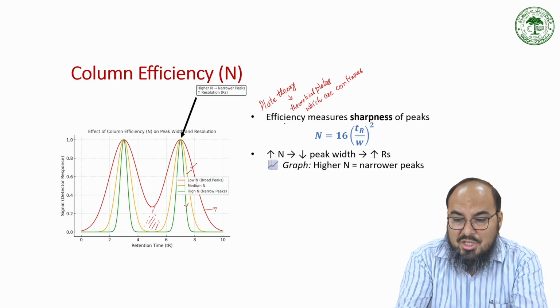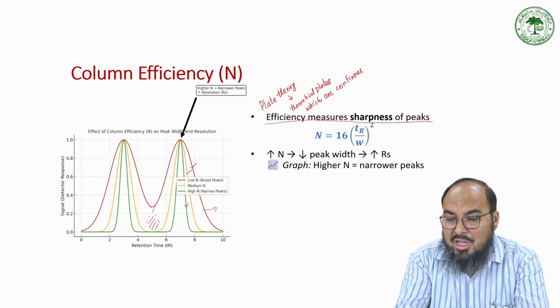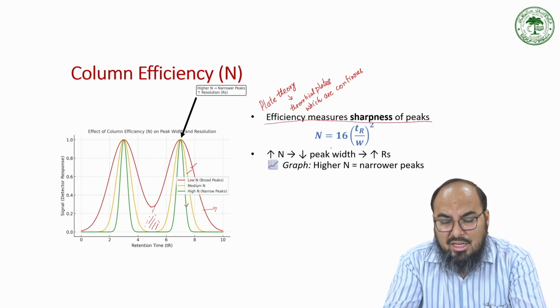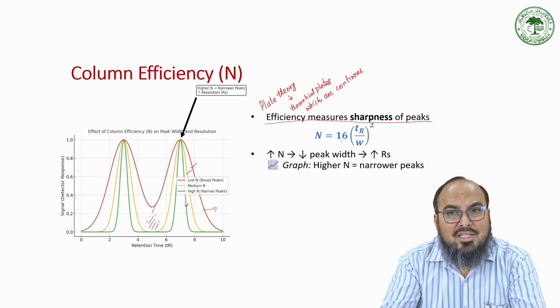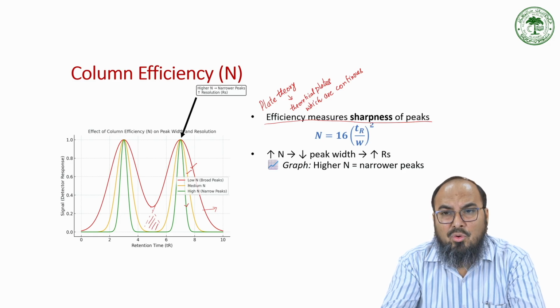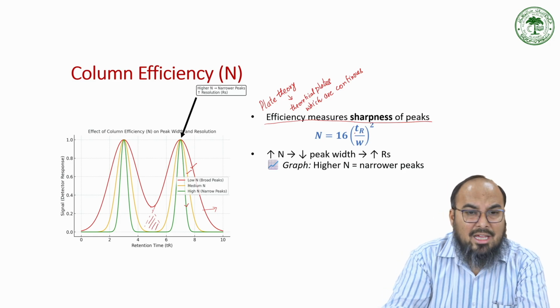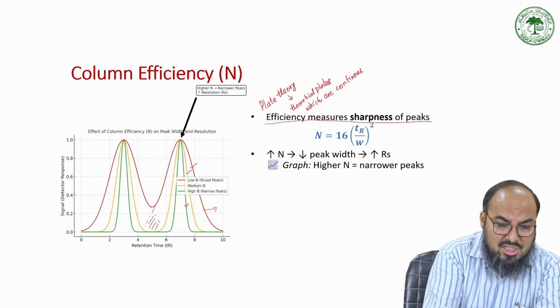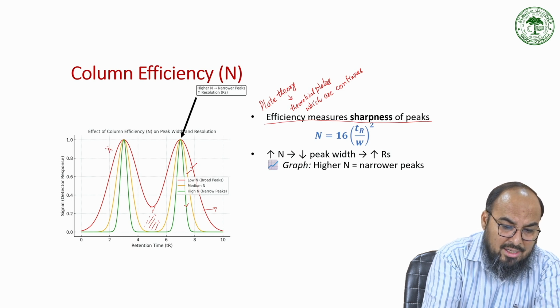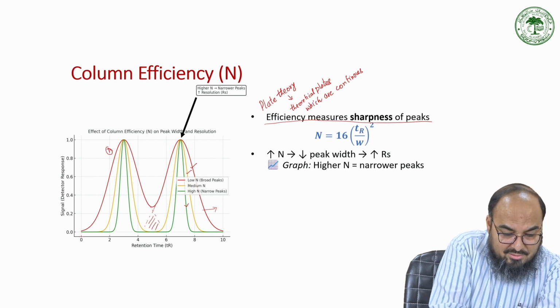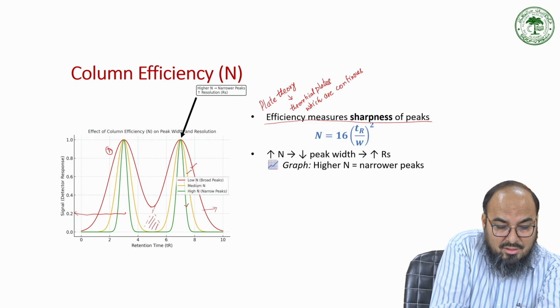So efficiency actually measures the sharpness of peaks, and the number of theoretical plates can be given by 16 into TR upon W square. TR is the retention time. For example, for this peak, if you call it component A, then this is TR of A, from here to here.